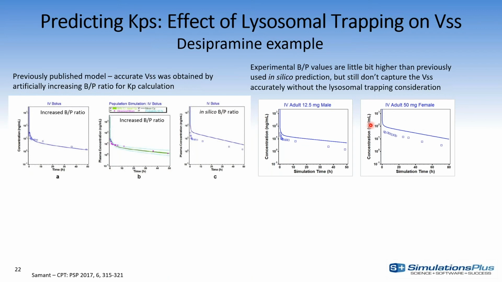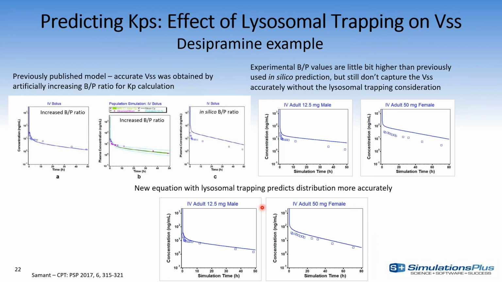But still, we're not catching the lysosomal trapping effect. Lastly, when we try the new equation with the lysosomal trapping, we can see that we can calculate the volume distribution more accurately, accounting for this effect in the lysosomal compartments.